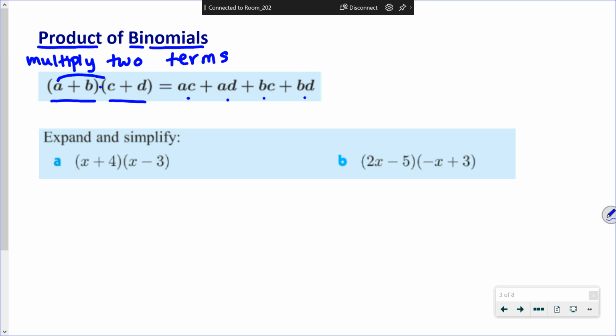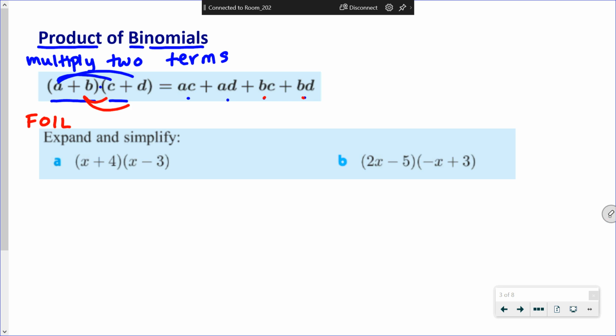It's A multiplied by C, then it's A multiplied by D. So we're using the distributive property with A, and then we're also using the distributive property with B, and you see that B gets multiplied by C, and B gets multiplied by D. So this is what, if you've learned this in the US, is sometimes called FOIL, which stands for first, outer, inner, and last.